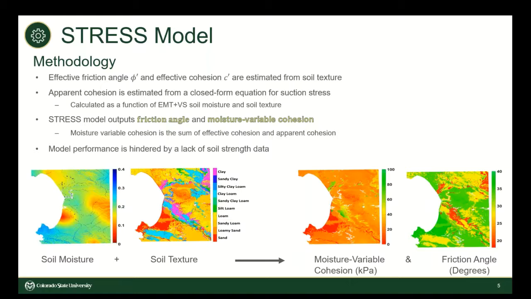The model combines apparent cohesion and effective cohesion to output a moisture variable cohesion and a friction angle. The problem with the model is its performance is hindered by a lack of soil strength data in order to predict those parameters that are determined by soil properties.